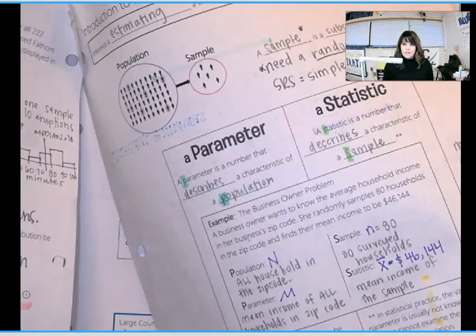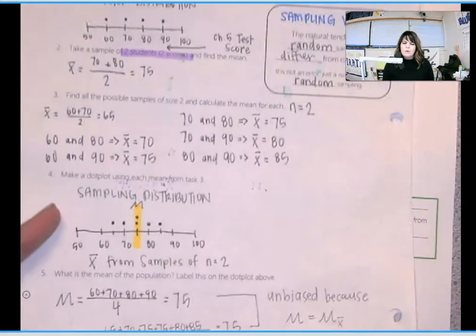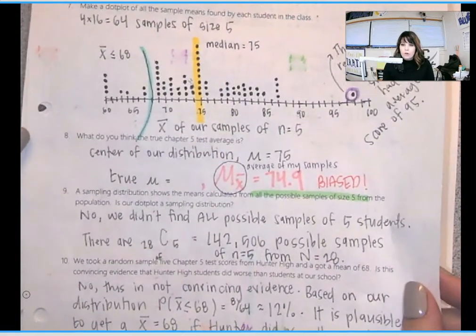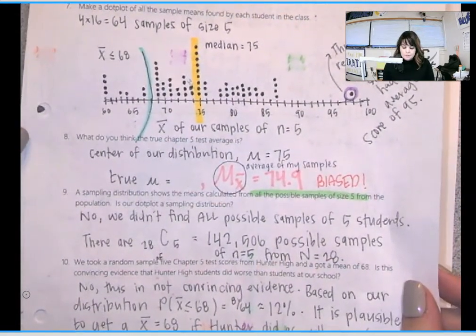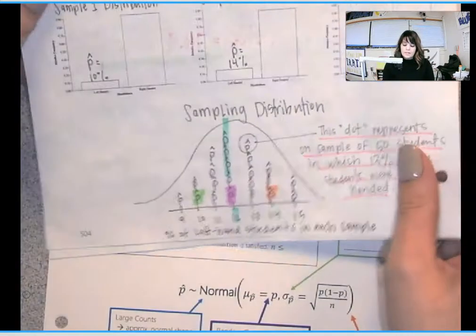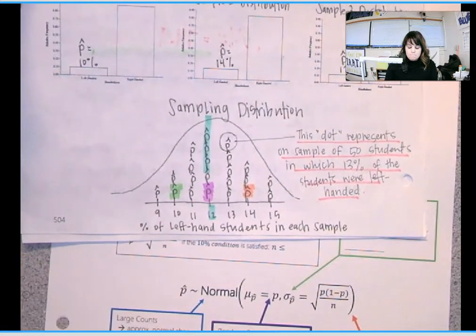So we talk about getting information for a population when we have a sample. We talk about what exactly those samples look like. We talk about, well, what does it look like if we plot all those samples on a graph? And then we talked about what is the shape of that sampling distribution.